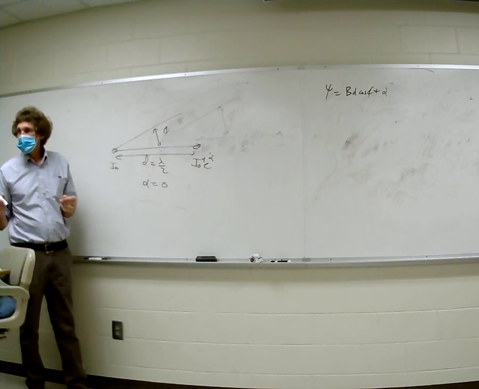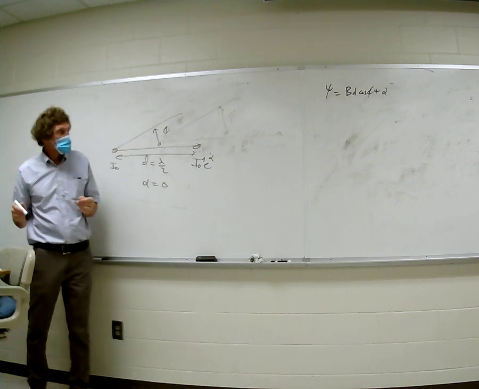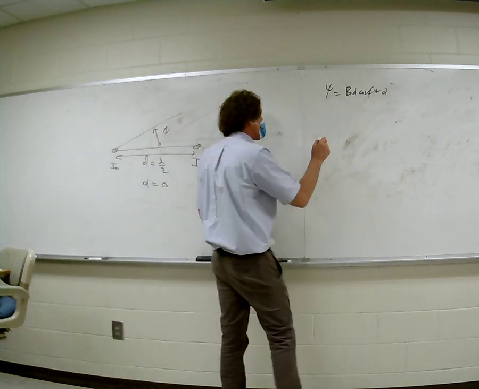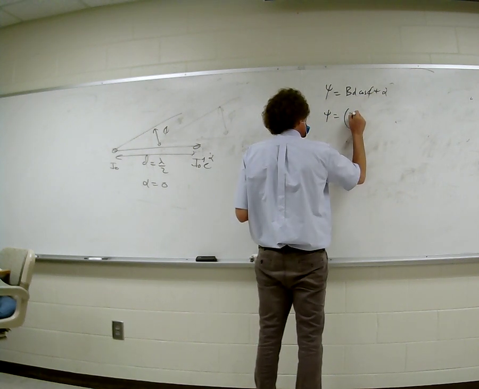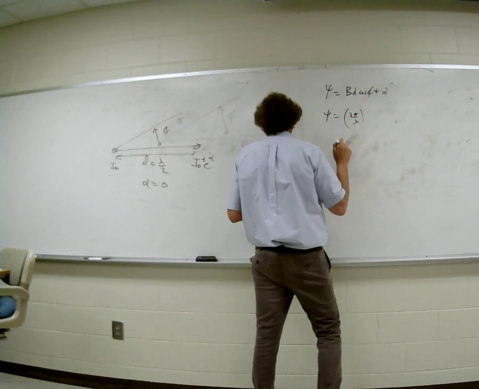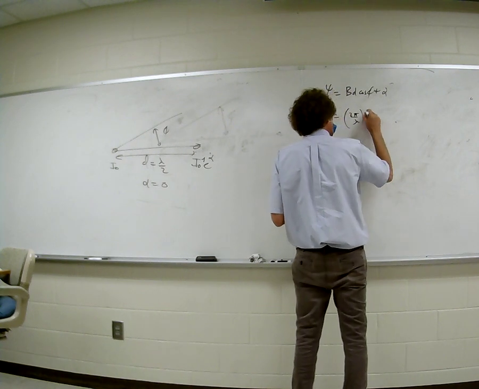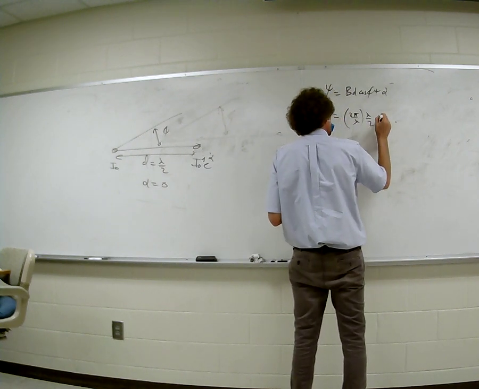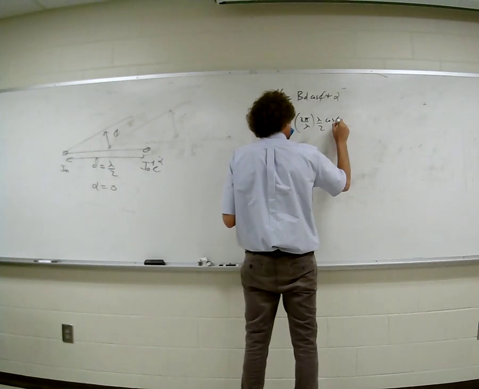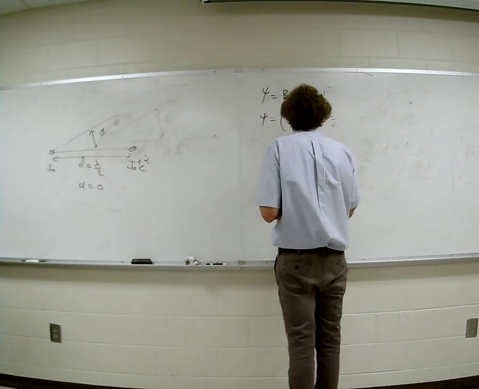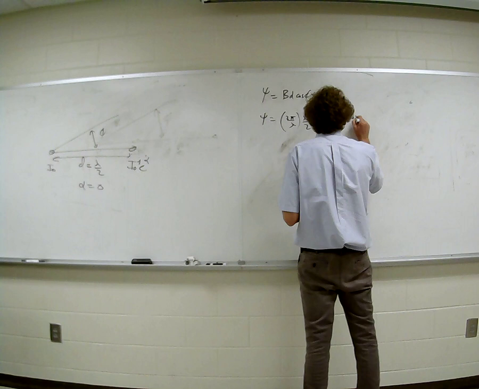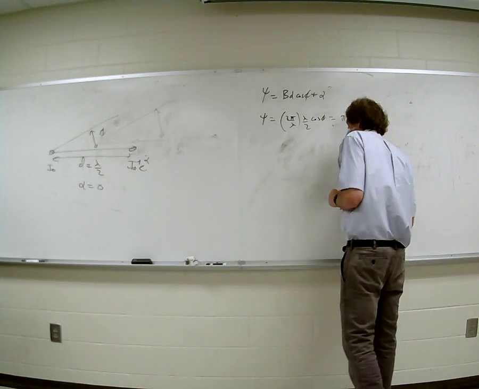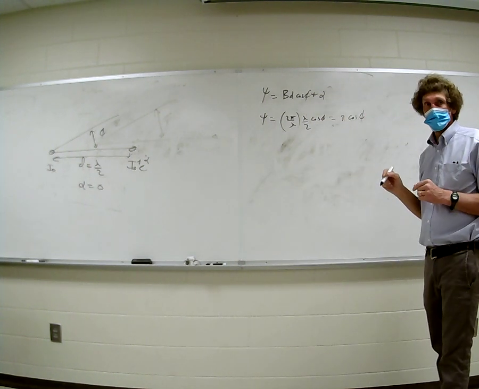Fair enough? Make it easy. Therefore, psi itself would be beta, which is 2 pi over lambda, times d. I made d lambda over 2, times the cosine of phi. And therefore, that's just pi cosine of phi. You agree with me?